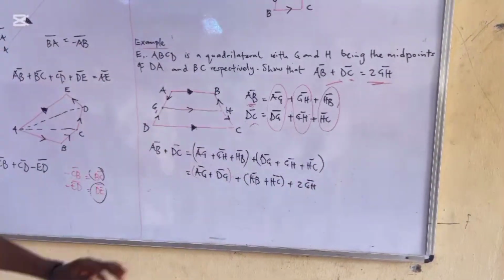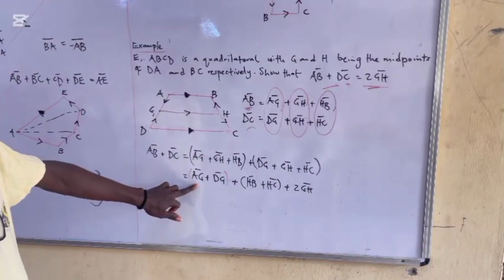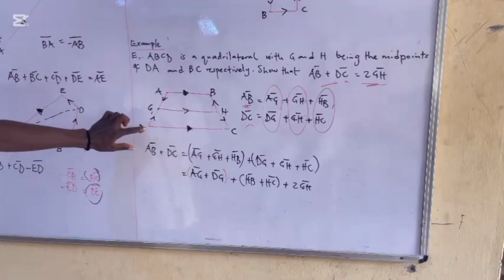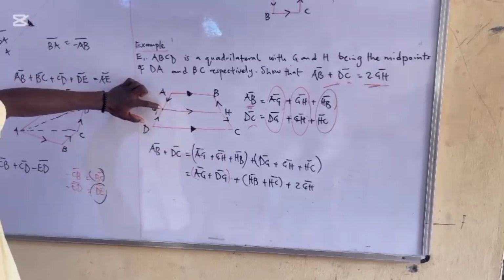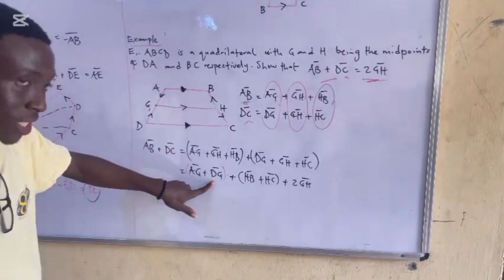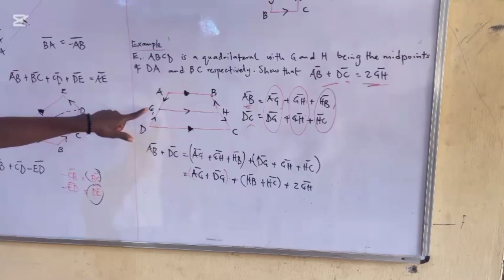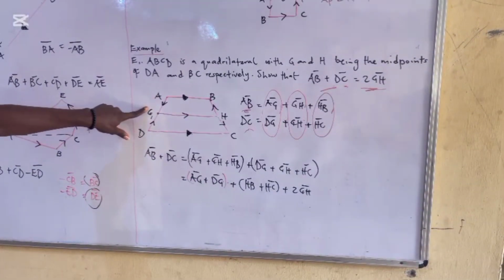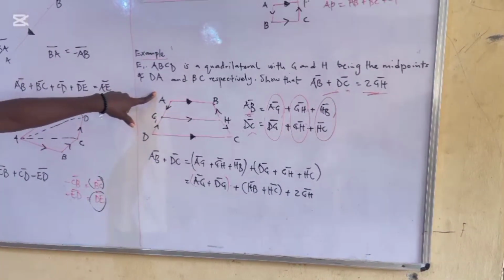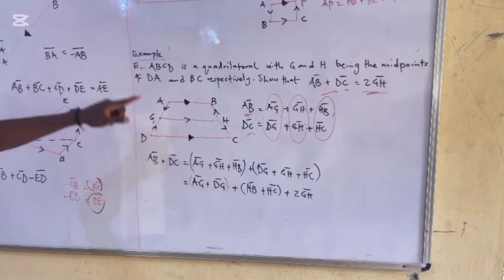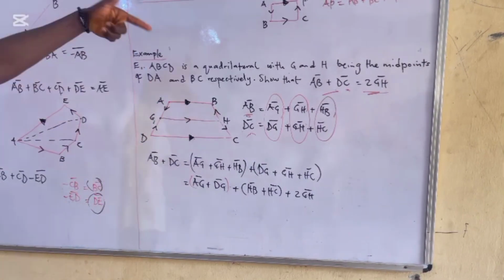Now, as we all know, this DG is opposing AG here. So I want to write another form for this DG. What am I going to write? You can see that it's opposing AG, but if I want to make it AG, it's going to be minus AG. Why? Because it is opposing it, and I want to make it look like that AG.